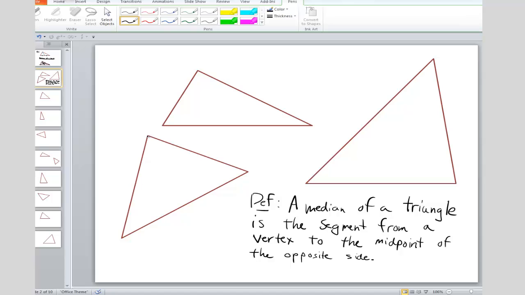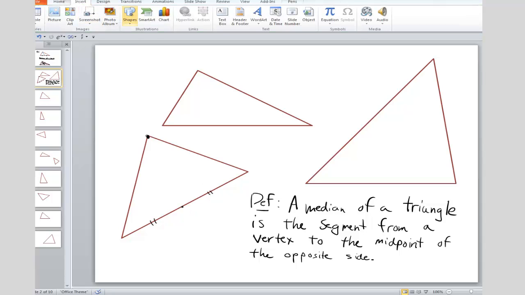Alright, so if we have a vertex, let's say right here, let me draw a circle. There we go. Okay, and we find the midpoint of this opposite side. Say the midpoint's right here. The midpoint indicates that this side is congruent or equal to that side.